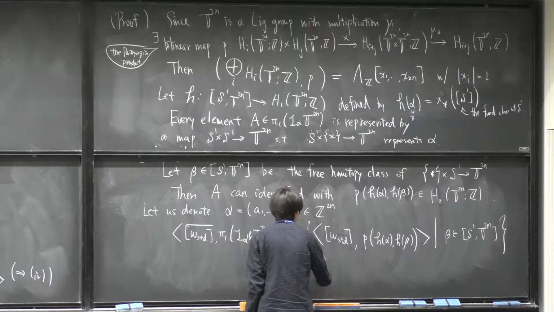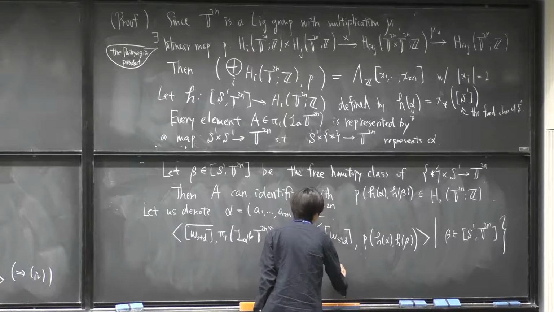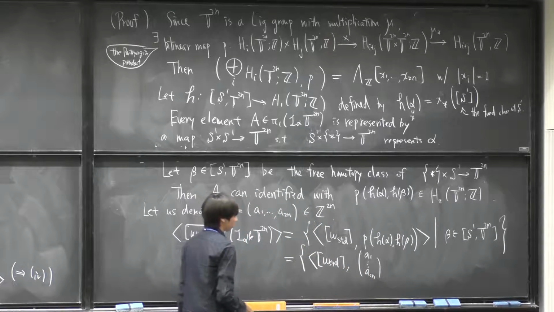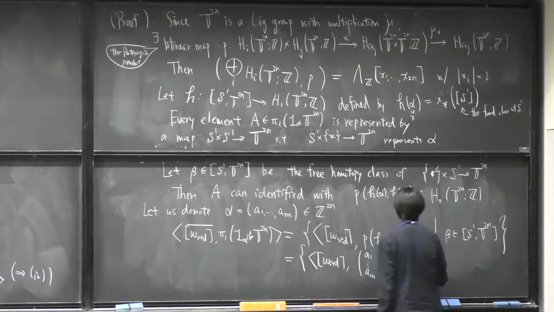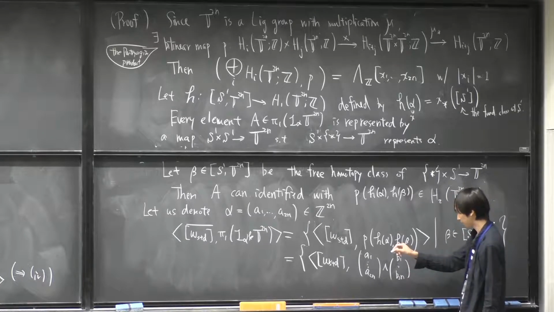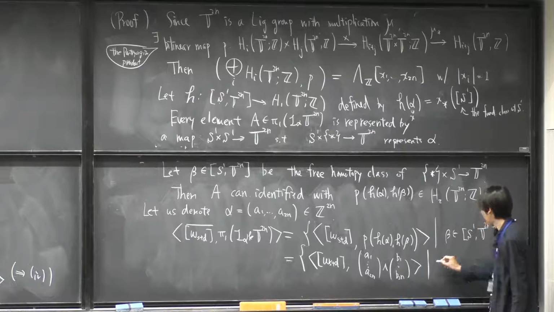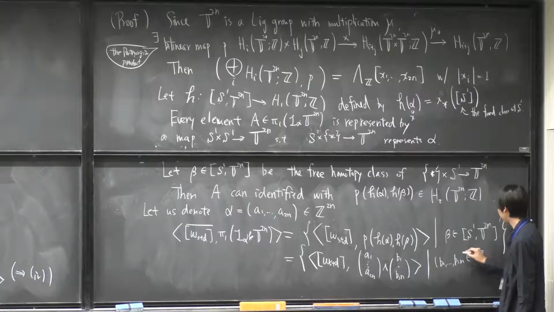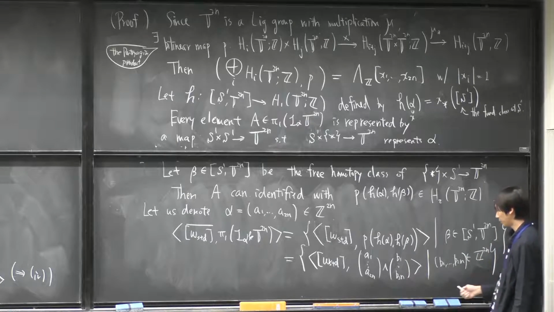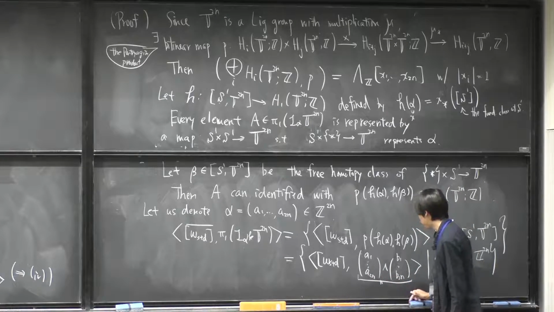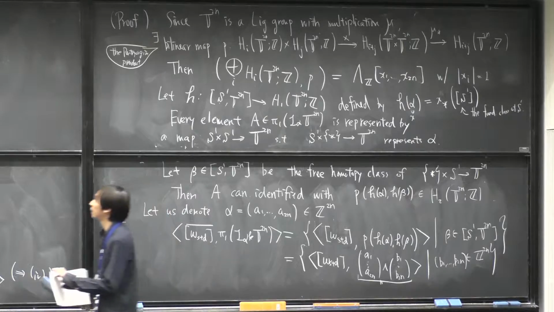So this is equal to A1 through An equal to alpha, and if we denote beta by B1 through B2n, we can write it down like this. And of course, this can be computed directly.